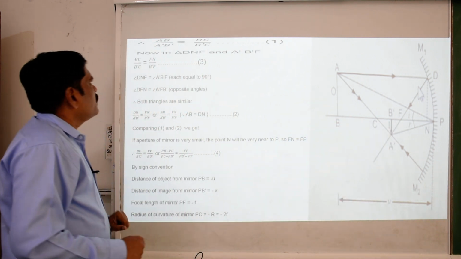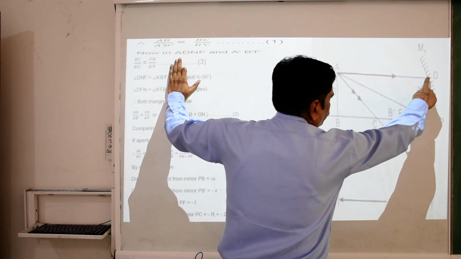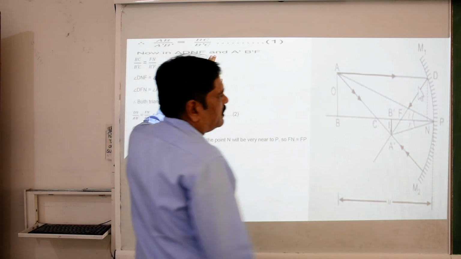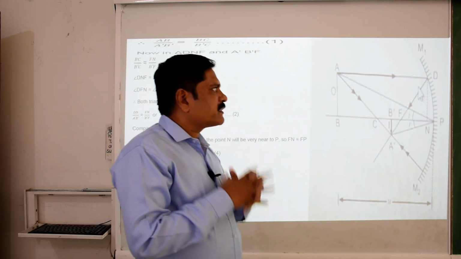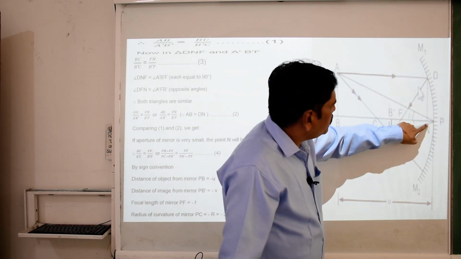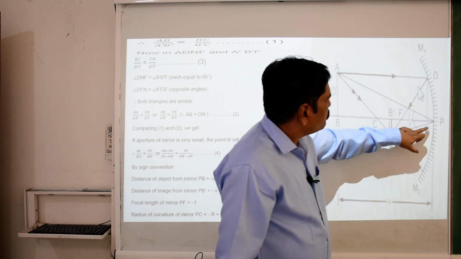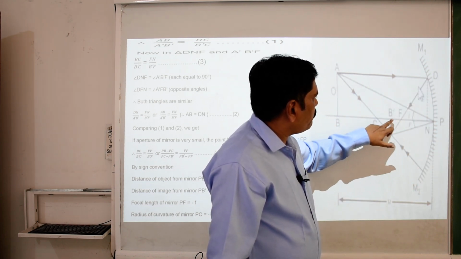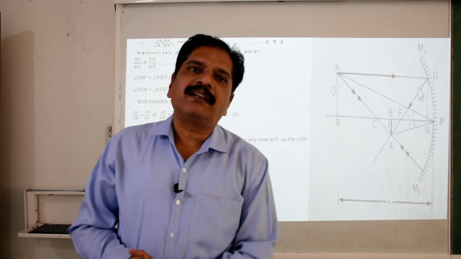Okay, now we are taking the next triangle, that is the DNF. Okay, which one? DNF. Clear? And the second triangle is A dash, B dash, F, and these two are also similar because angle DNF and angle A dash, B dash, F, as well as NDF and A dash, F, B dash, these two angles of the two triangles are equal.